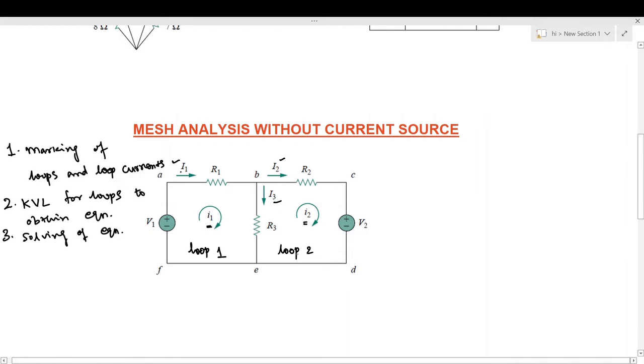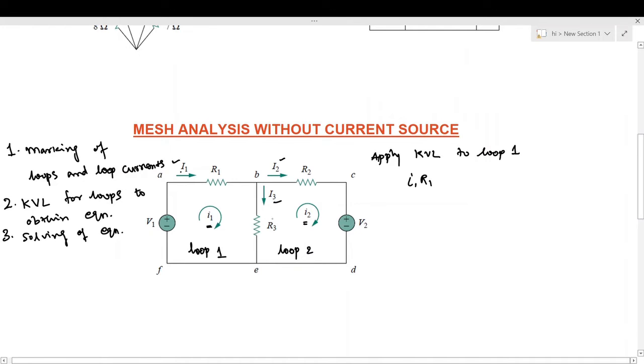Now we need to apply the KVL to loop 1. What is loop 1? Loop 1 is formed by A, B, E, F. When we apply the KVL, one more condition we must note is that we should use only the mesh currents, that is small i1. The current flowing through R1 will be small i1, so we can write i1 into R1.